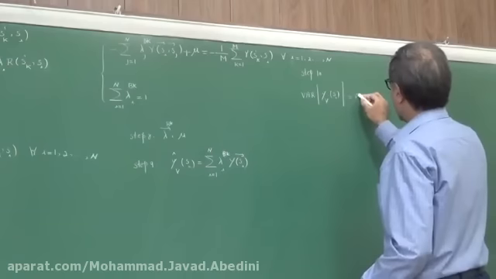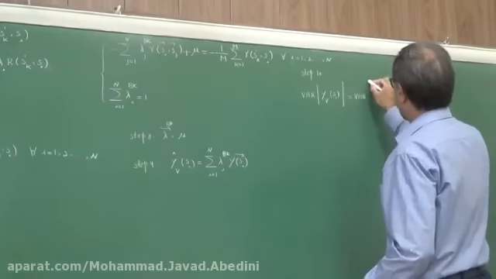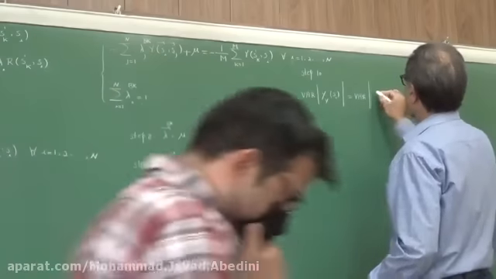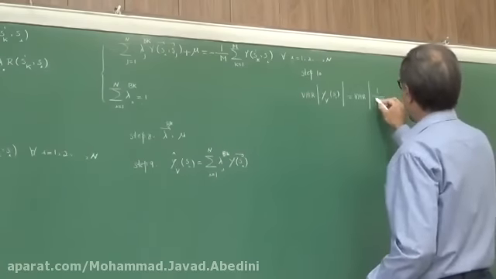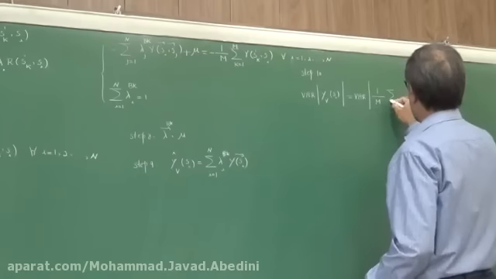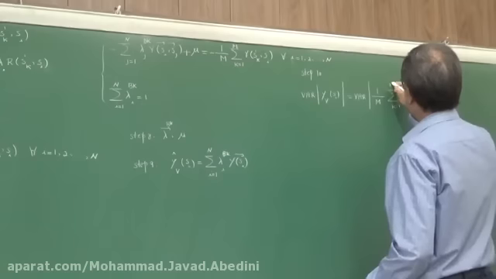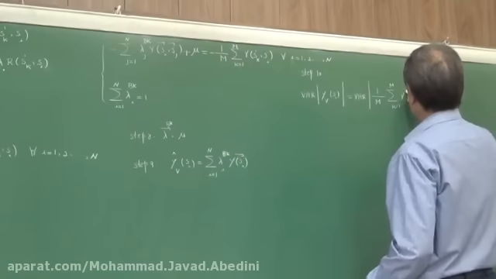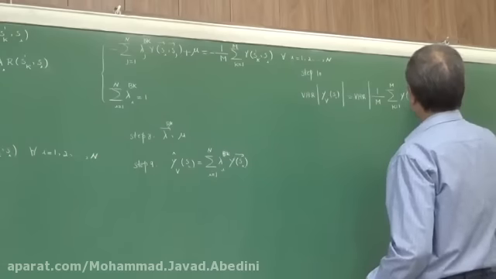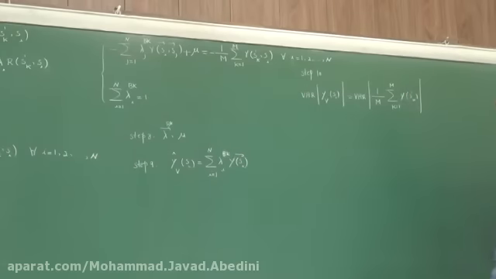It will become variance of 1 over m, summation k from 1 to m, true value of y at s prime k. And this is a linear combination.